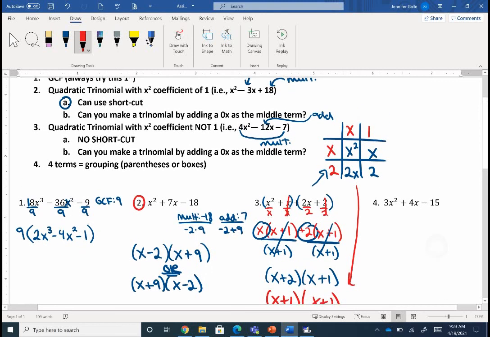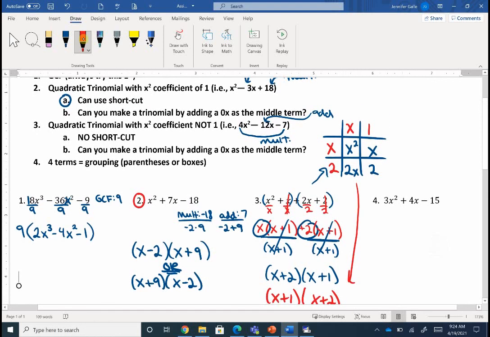I do have, though, in number 4, a quadratic, highest exponent 2. I have a trinomial, 1, 2, 3 terms. But the number in front of x squared is not 1, so we've got to do option 3. Option 3, no shortcut.